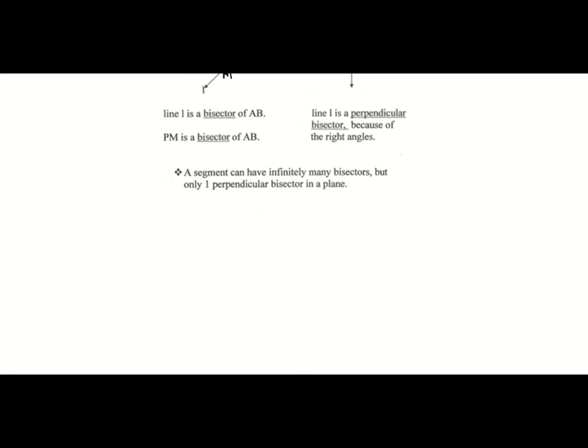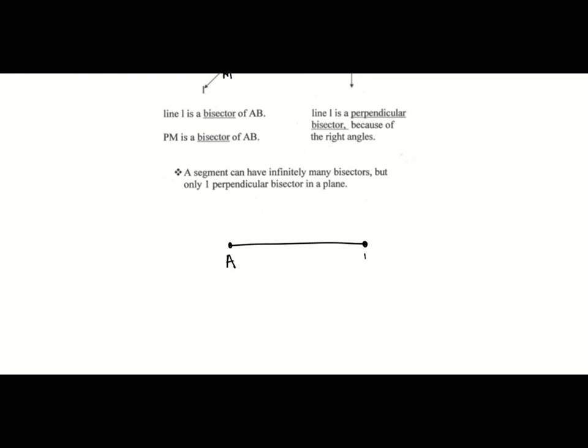So if we look at an example, if I have, we don't want that to be a line, we want it to be a segment because a line does not have a midpoint.